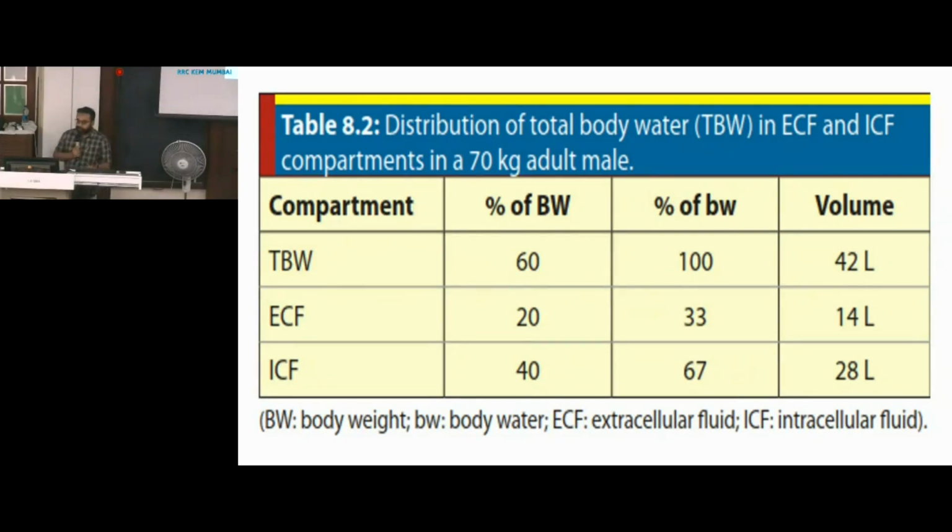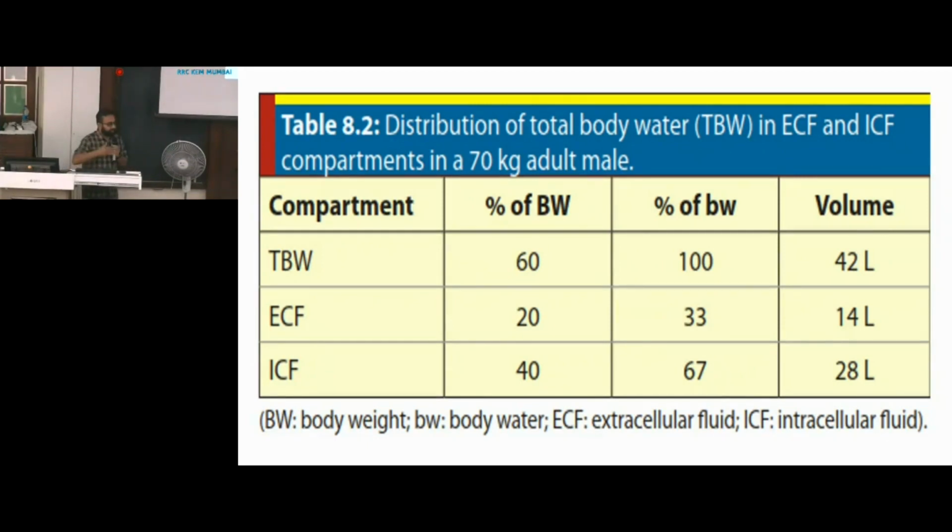Sit down. So if the adult male is 70 kg, ECF will be 20% of 70 kg, right? How much is 20% of 70 kg? One fifth. Is everyone bad at maths, or are some of you good? So it is 14 liters only, or 14 kg only.